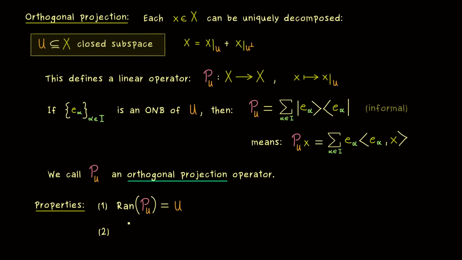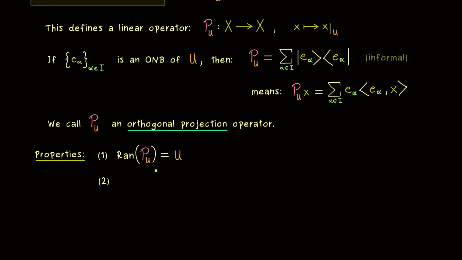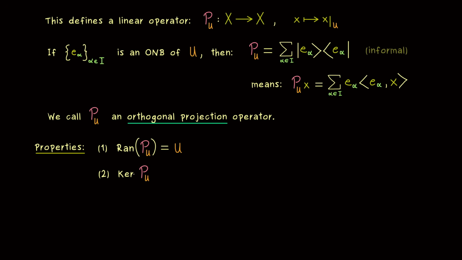So this is not so complicated, but definitely important to remember. The range of such an orthogonal projection operator is always a closed subspace. Then on the other hand, we can also say something about the kernel of P_U. These are all the elements that are sent to 0, and obviously this is the orthogonal complement of U.